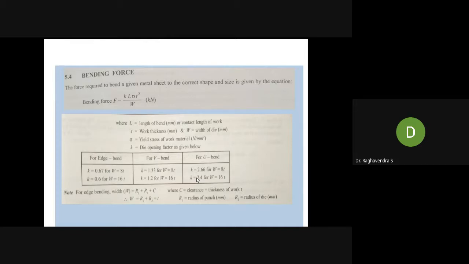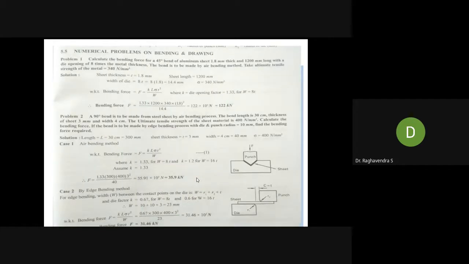So I'll take 1.33, W is equal to 8 times the thickness, and the other K value is 1.22 and W is equal to 16T. So let us see that. Go to the table now. See here, there are V bend 1.33 in one case, and the other case is K is equal to 1.22 for W equal to 16 times the T. Then we substitute in the formula.